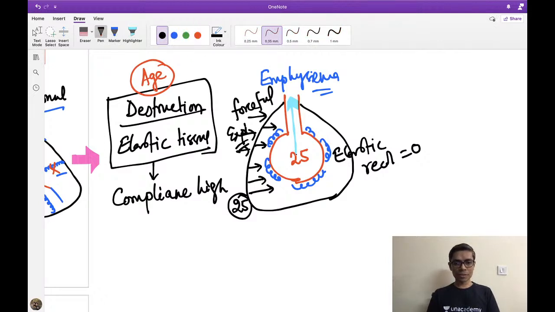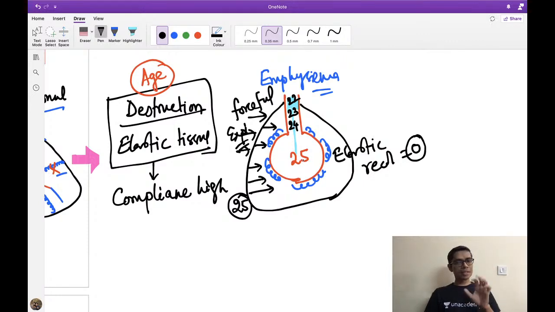So this 25 will drop to 24, then 23 and 22, gradually like this. Why is the pressure dropping? This pressure is dropping because of the resistance of the airway. This also happens in a normal lung, but in a normal lung the elastic tissue is intact, and because the elastic tissue is intact, the elastic recoiling force will also help in the expiration process.